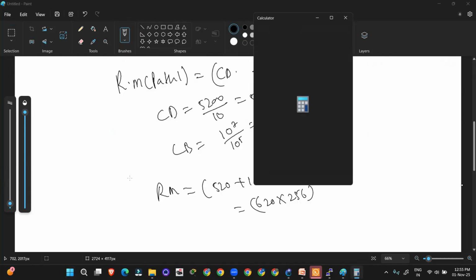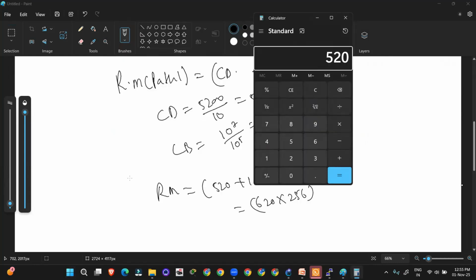So in the calculator, 520 multiplied by 256 is 133120. No, it's 620 actually. So 620 multiplied by 256 is 158720.